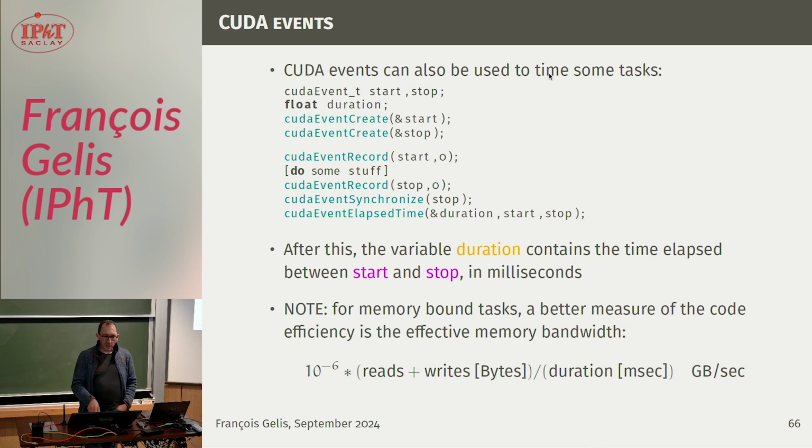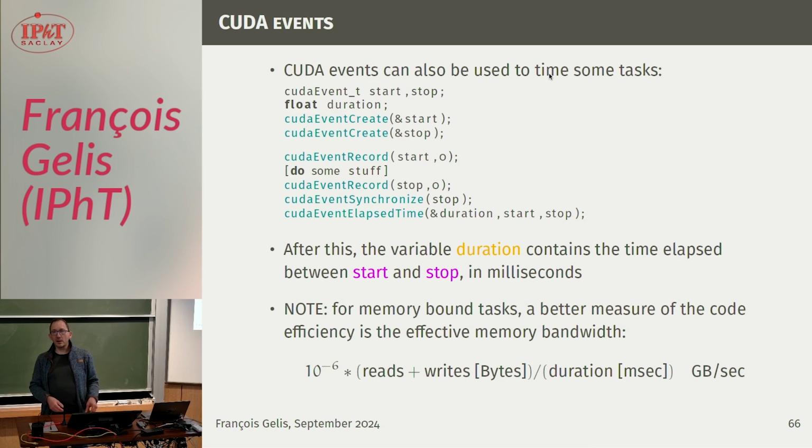This way, you have the information about the time it took, because then you have the function cudaEventElapsedTime. You give it the two events, start and stop, and it will calculate the duration between the two. Yes?